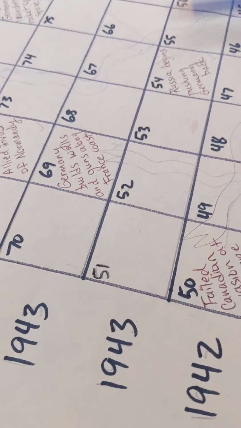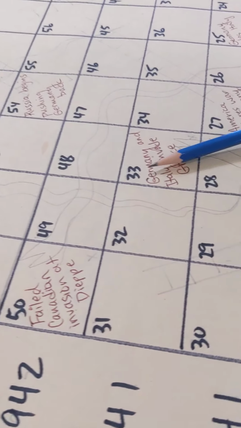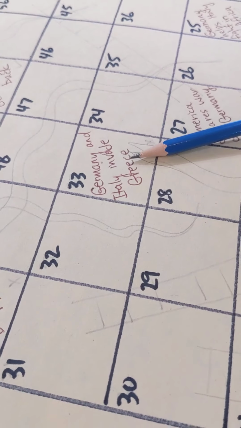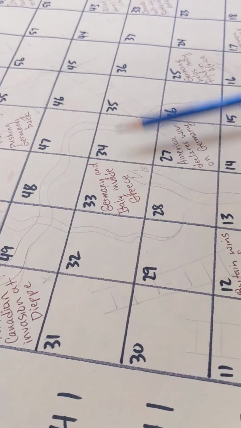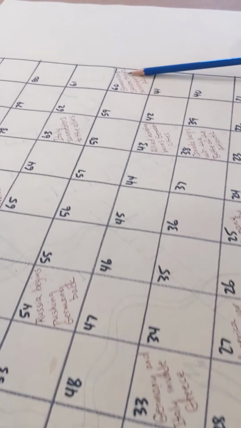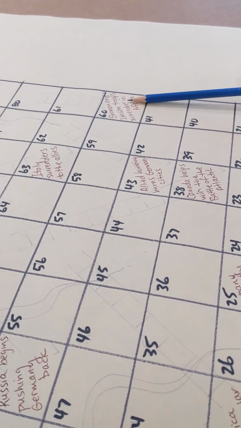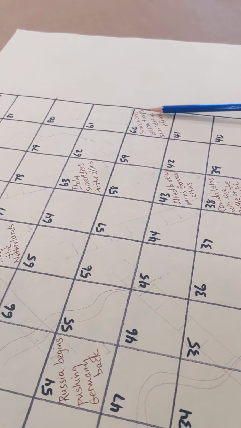So for example, we'll just choose any. These are some examples off the timeline. Number 33, Germany and Italy invade Greece. That's something that was good for Germany. German and Italian troops surrender in Africa, because they were fighting in Africa. That is something that would be good for the Allies because we were beating the Germans.